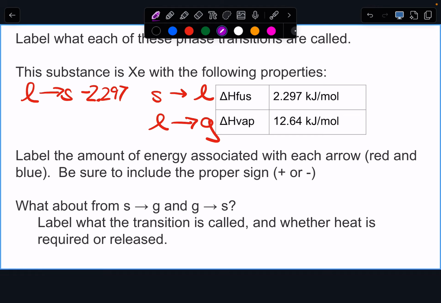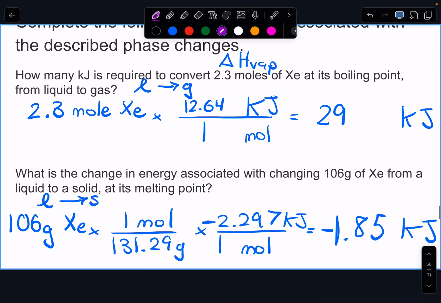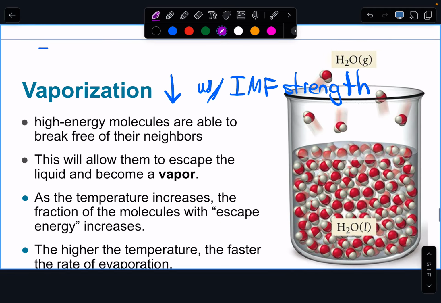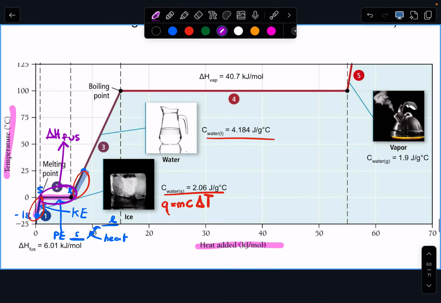So now we need to convert, if it is in grams, into moles, and then we use that to calculate the phase change. All right, so two different types of calculations that we've done before. We're just now combining them. If we were doing the liquid to gas, that would be delta H of vaporization.